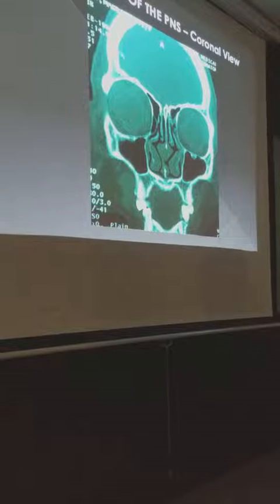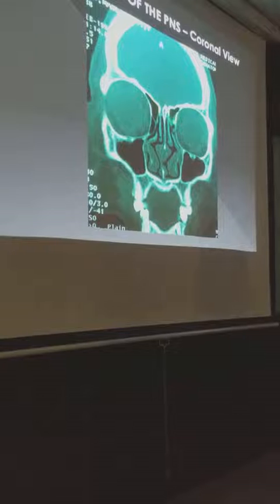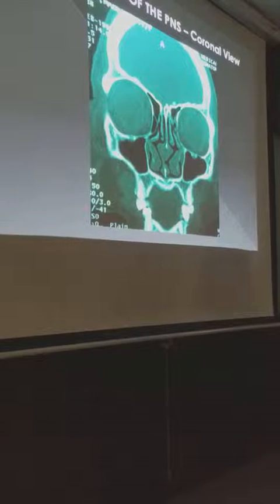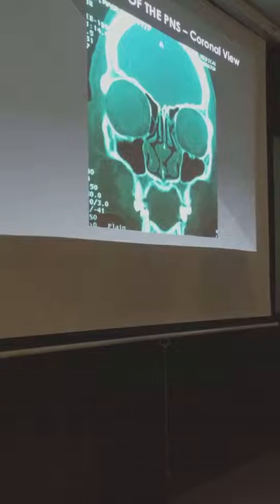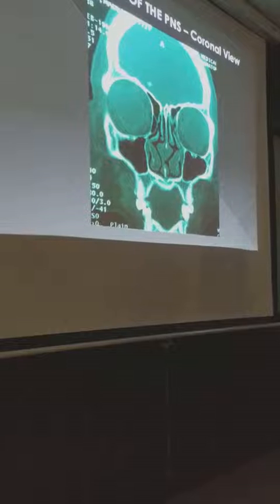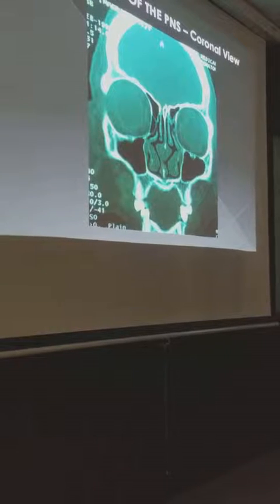Agree? That is the roof of your ethmoid. Diba? But this one is your skull base. So you have a medially located cribriform plate and a laterally located fovea ethmoidalis of the frontal bone.